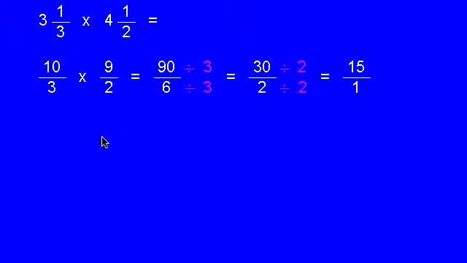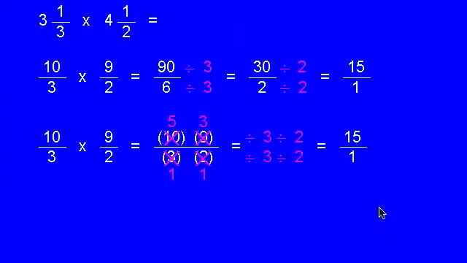And another way of simplifying, like here you have 3 1/3, which becomes 10 thirds, 4 1/2 becomes 9 halves. So it gives us 90 over 6, dividing top and bottom by 3 gives us 30 over 2, dividing top and bottom by 2 gives us 15.